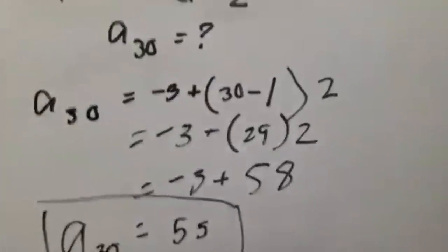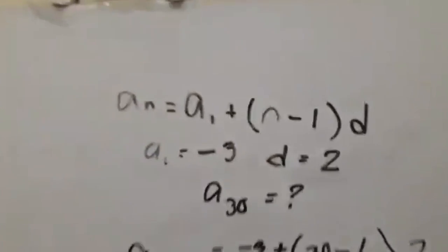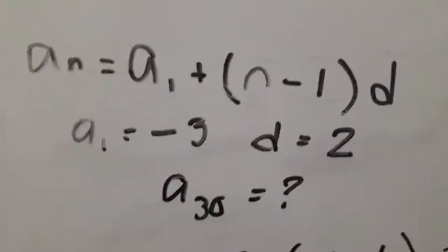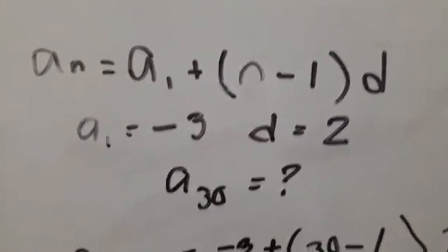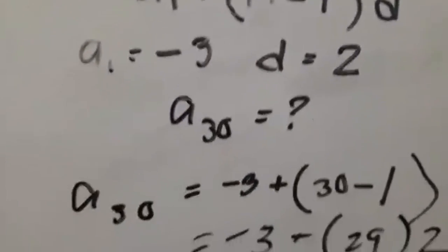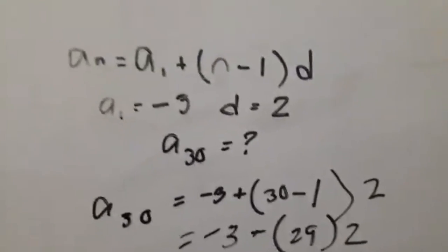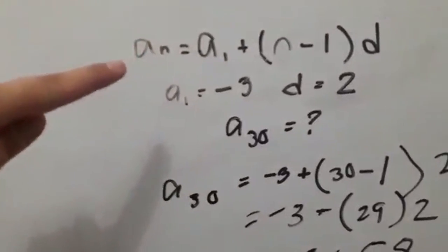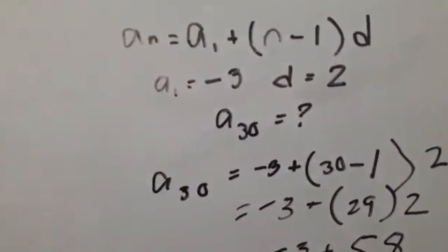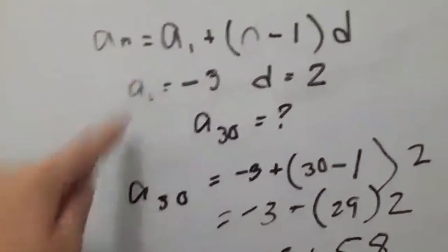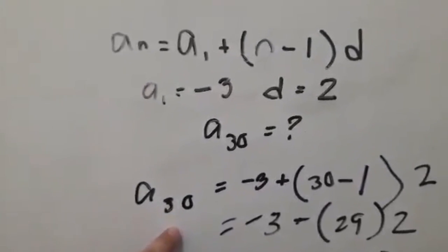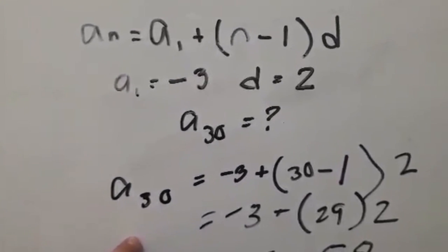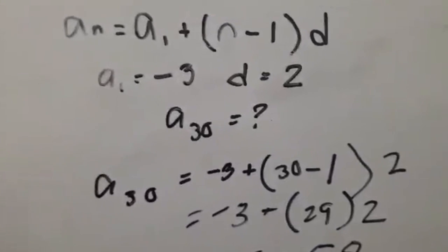Let's review the problem. You were given two values. So, the next step is to substitute. You substituted the terms in the formula with the values you have. So n became 30 because it is the number you are looking for, or the nth term.